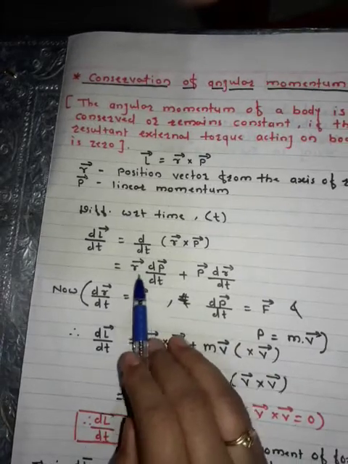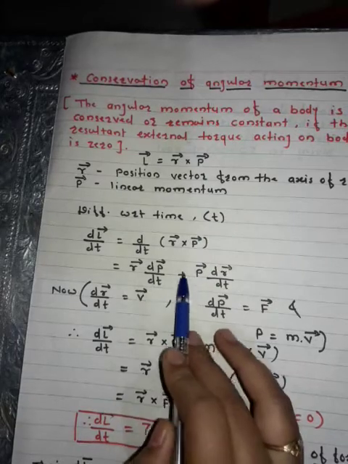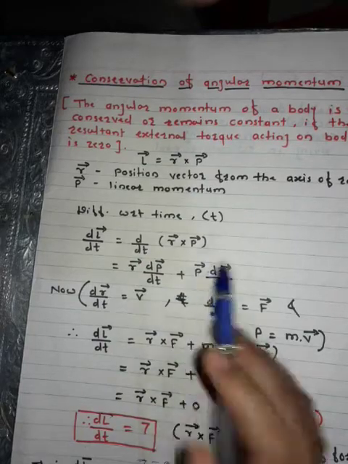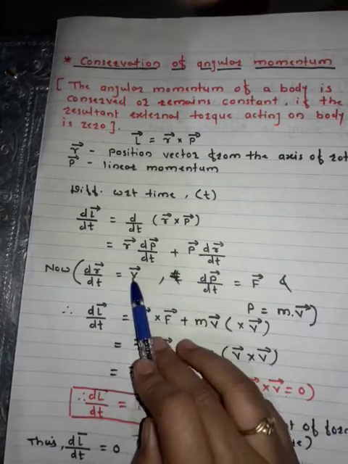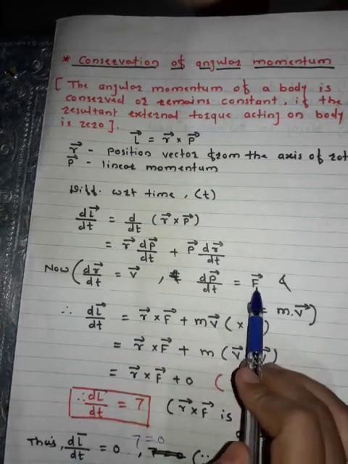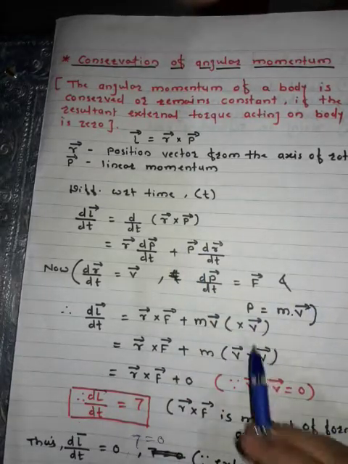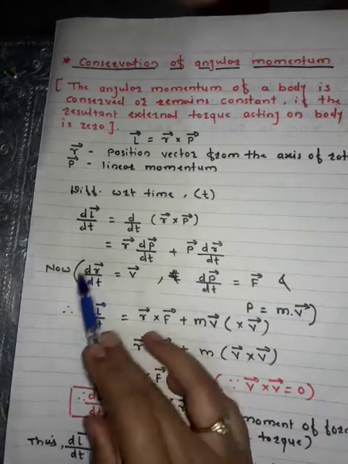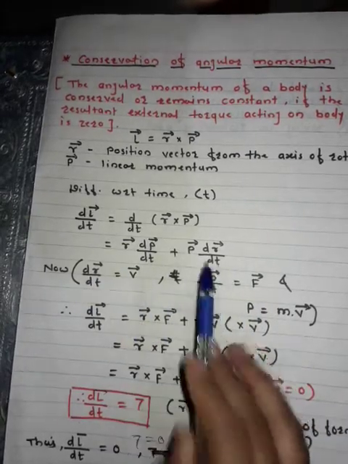So it is equal to r bar cross dp bar by dt plus dr bar by dt cross p bar. Here dr bar by dt is the velocity vector, dp bar by dt is equal to F bar, and p bar is the linear momentum, and you know that p bar is equal to m into v. Now substitute the values of dr bar by dt, dp bar by dt and p in this equation.